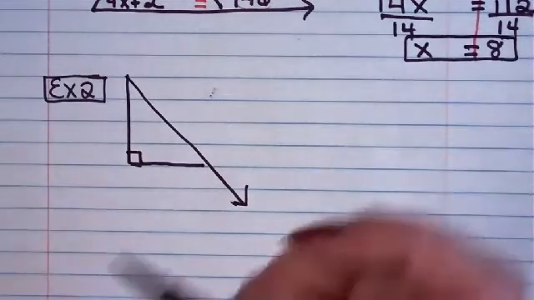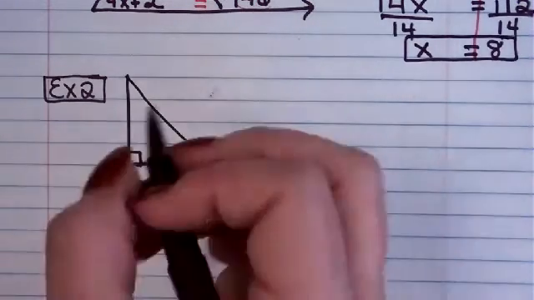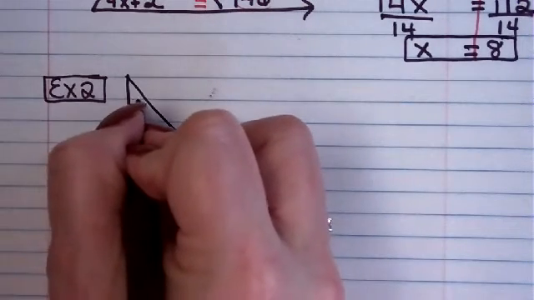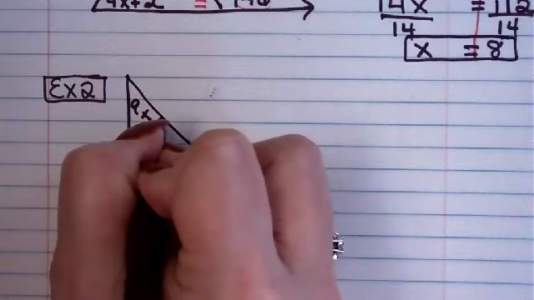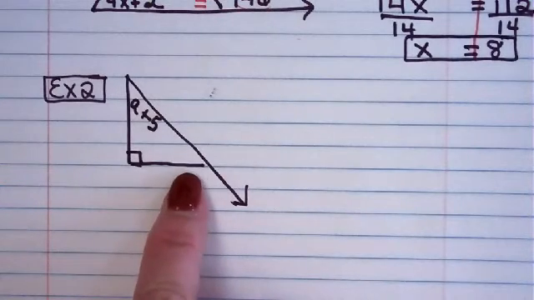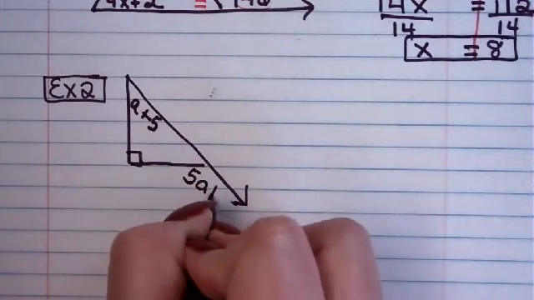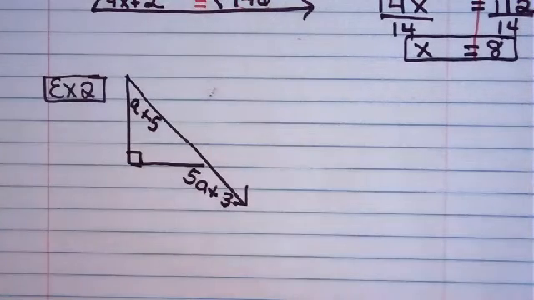Okay? Now, this top angle up here, I'm going to make that a plus 5. Y'all see that a plus 5? And this exterior angle down here at the bottom is going to be 5a plus 3.